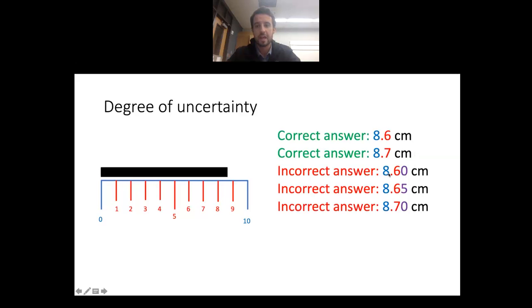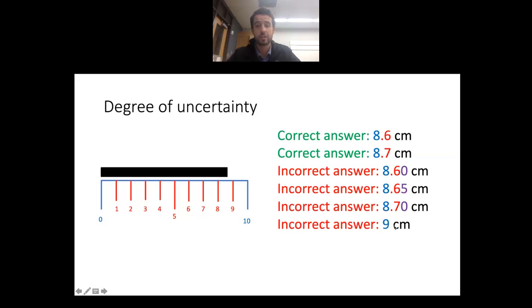So these 8.60 and 8.70 are more accurate or more precise measurements. I don't know which one you would actually use there. But the 8.6 and 8.7 are the correct measurements because we cannot be that accurate with our information. We only have red lines here, so we can only say 0.6 or 0.7.